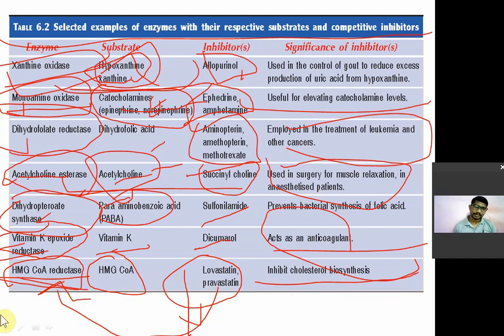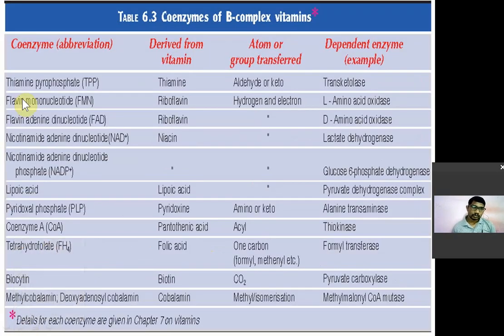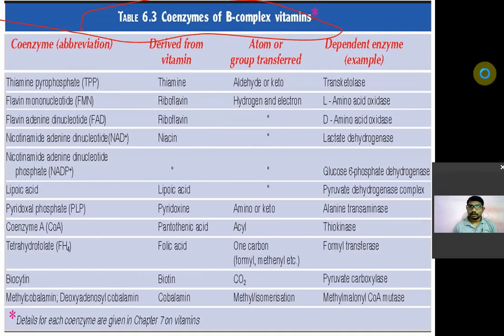So that's why these are the selected enzymes, their respective substrates and competitive inhibitors. Now we'll see the next. So enzymes, coenzymes of big complex vitamins. अपन ने coenzyme देखा है. coenzyme मतलब क्या? Non protein part of your holoenzyme.